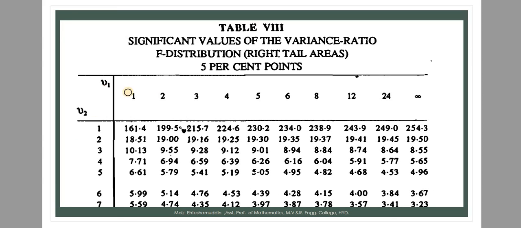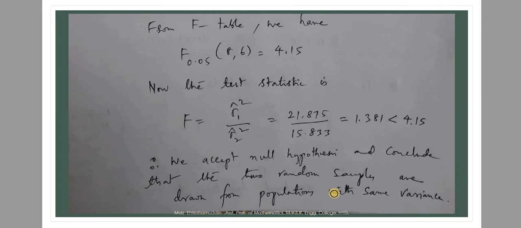Nu1 is to be taken as 8 and nu2 is 6, and the corresponding value comes as 4.15. So this is the value 4.15.